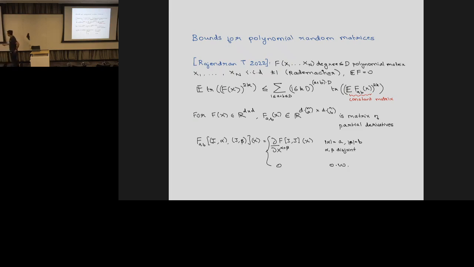Okay. And this matrix is actually relatively simple. Think of it as a matrix of partial derivatives. So f is a polynomial, some function. Let's say I and j are indices of my original matrix.